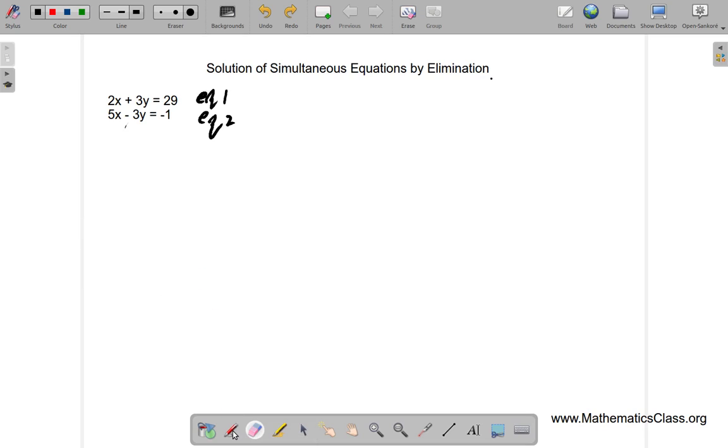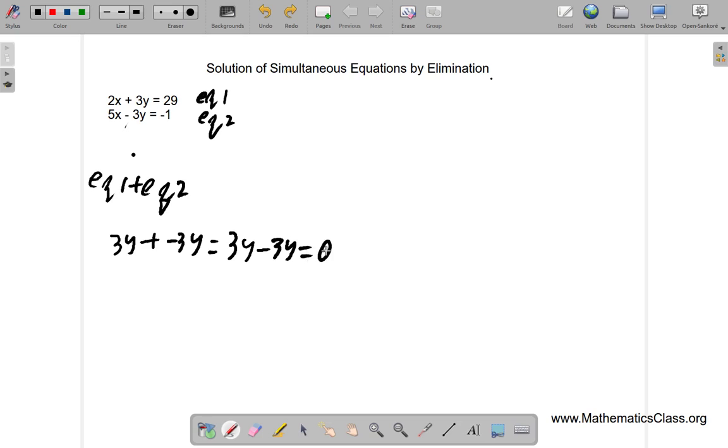So let's do it again, this time seeing if it would happen with y. So we say equation 1 plus equation 2 in trying to eliminate y by adding the equations. We have a 3y plus a -3y. 3y plus -3y is the same as 3y minus 3y.